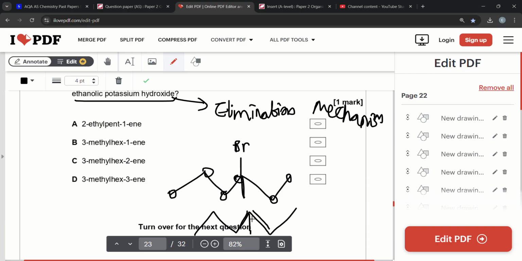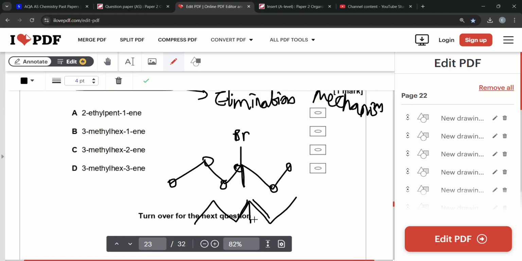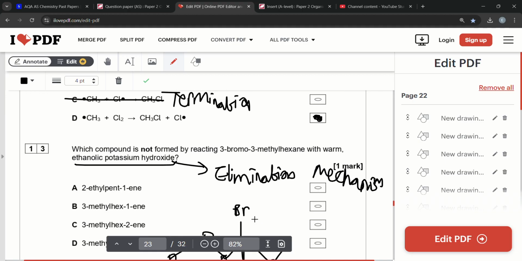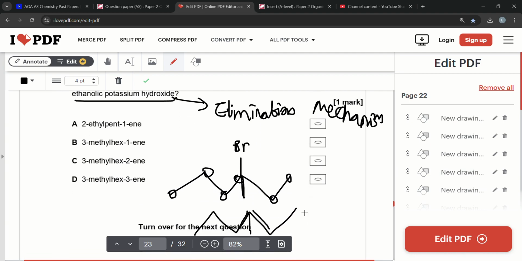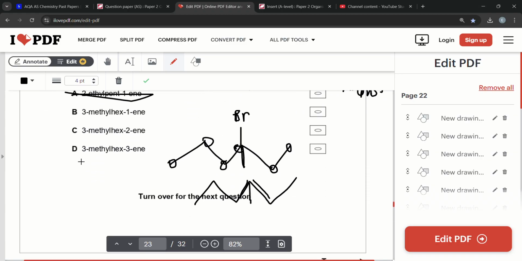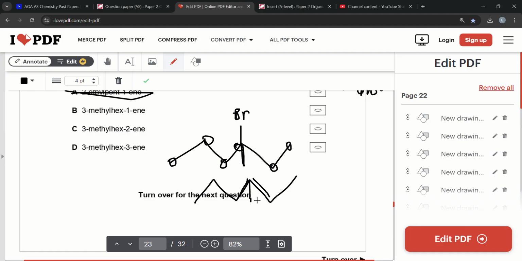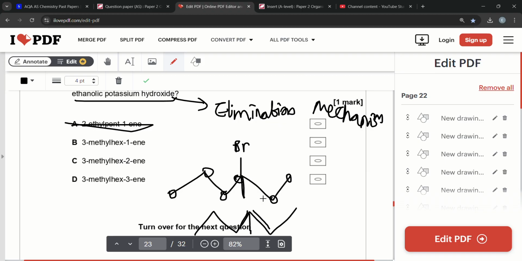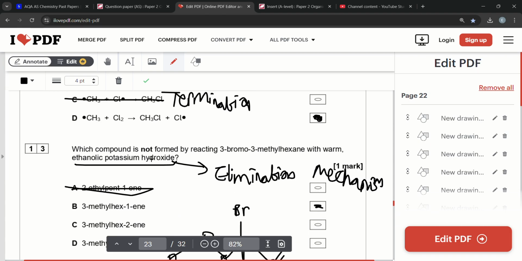So 3-methylhex-1-ene, 2-ethylpent-1-ene could be formed. No, because then the carbon double bond would be here. That's not possible, so that can't be formed. 3-methylhex-2-ene, yes. 3-methylhex-3-ene, yes, the double bond can be here. So B is the incorrect compound that cannot be formed.